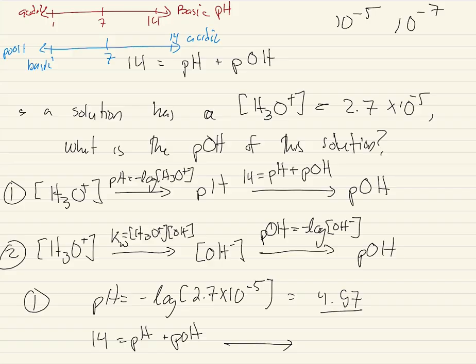Yep, we subtract the pH from both sides. So this gives us 14 minus the pH is equal to the pOH. You plug in this value for the pH, and you should get a value that's like 9.43 for your pOH value.